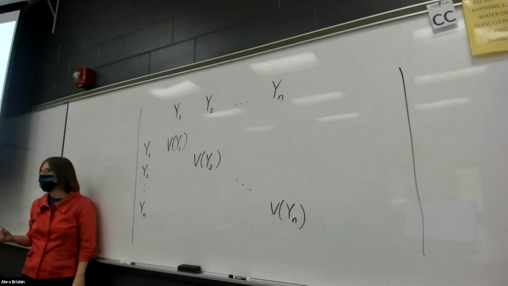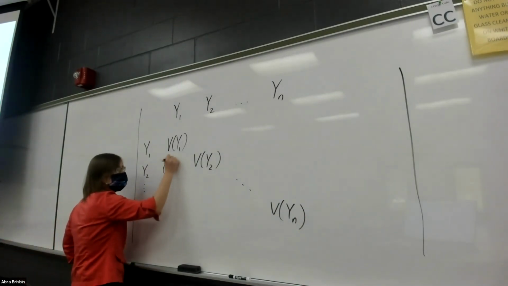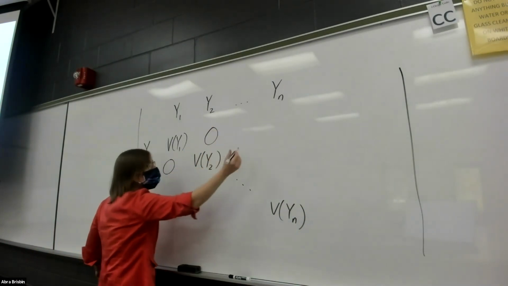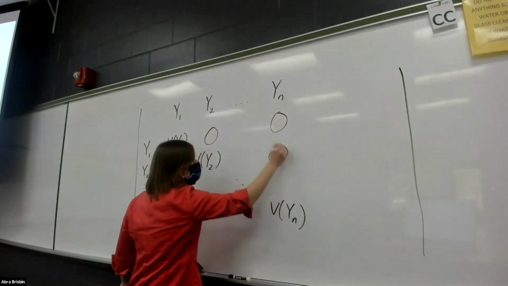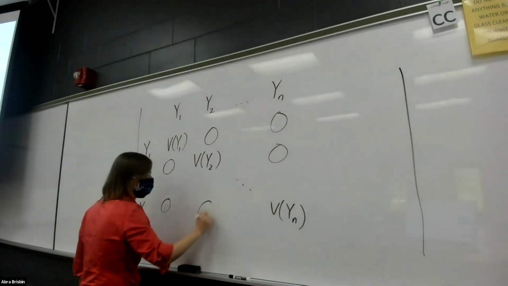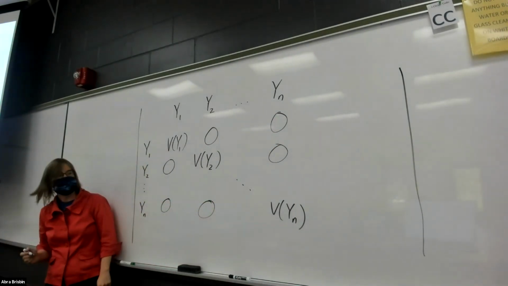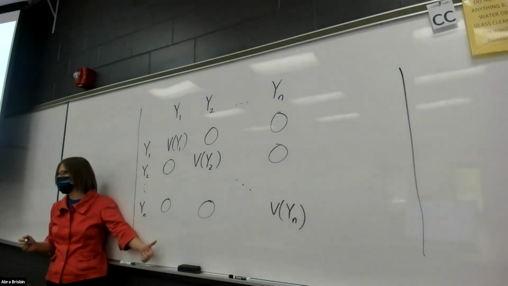And all of the non-diagonal entries, so the covariances, are going to be 0 because the y sub i's are independent, so their covariances are 0.